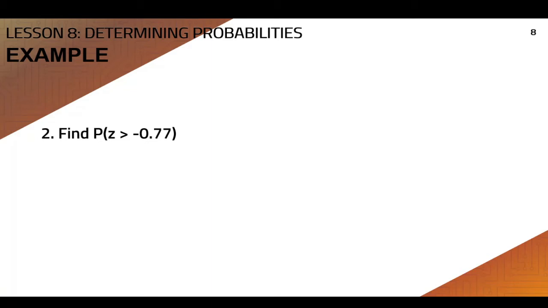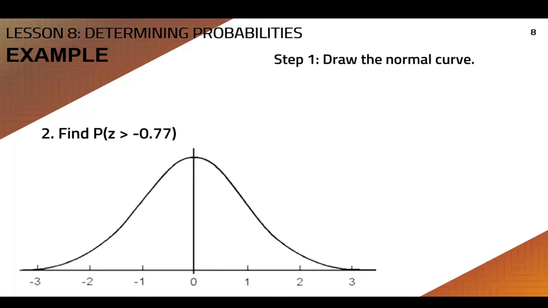Next, the probability that z is greater than negative 0.77. Again, to solve this, step 1, draw the normal curve. Then, locate the z-score. Where is negative 0.77? It is between 0 and negative 1, just an approximation.